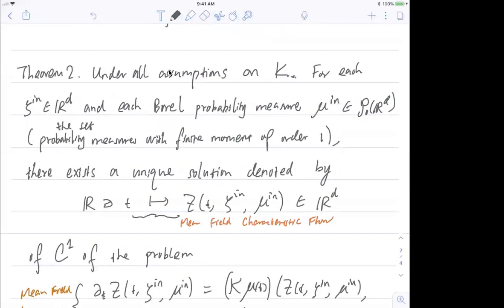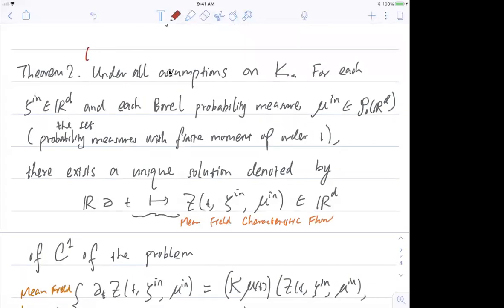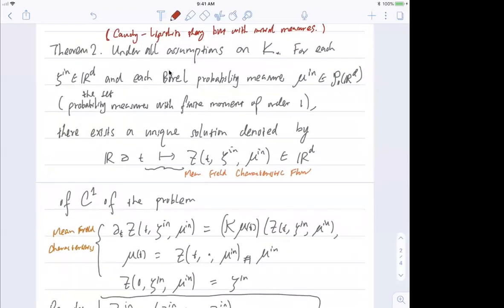And the proof of this theory is just a mirror version. This is just a Cauchy-Lipschitz theory again, but with initial measures. So you can run the Picard iteration just as in the classical theory of Cauchy-Lipschitz for the well-posedness of ODEs.